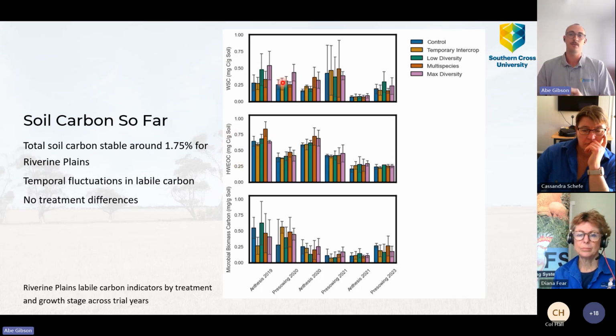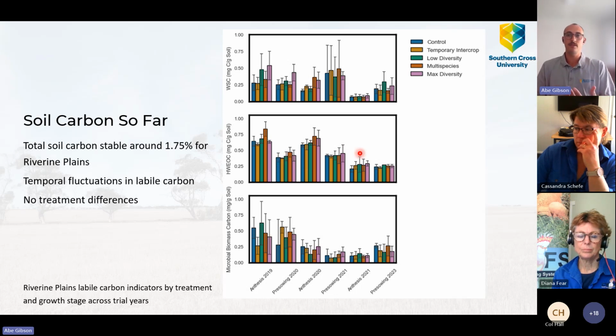I've used these because they can give a better indicator for more immediate responses of soil carbon. And you can see they match what we see in the total soil carbon at Central West, a little bit lower in the latter years, but quite a bit of variability.